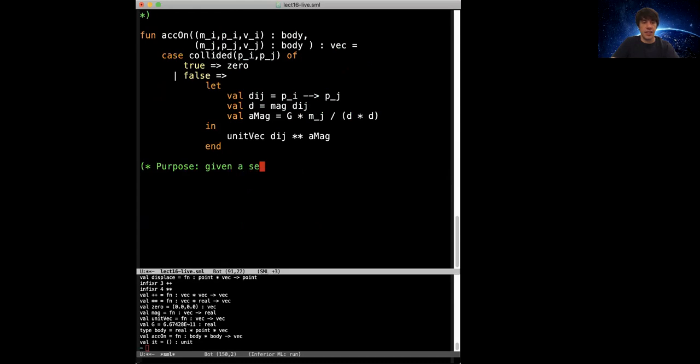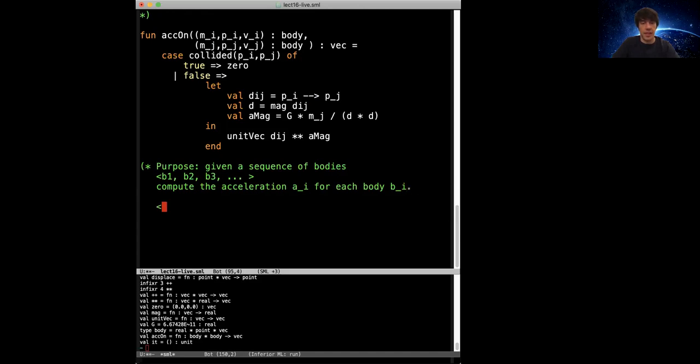Okay, and so now the last bit is to put this all together. Given a sequence of bodies, B1, B2, B3, dot dot dot, we want to compute the accelerations Ai for each body Bi.